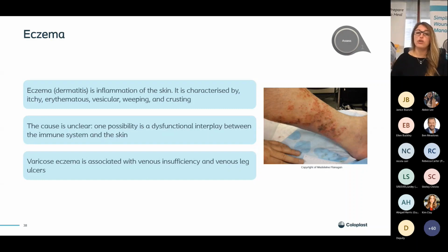We're not really sure of the cause of eczema, but one of the possibilities is a dysfunctional interplay between the immune system and the skin. So they're not talking together properly. And often we can find in patients, certainly with lower leg wounds, a varicose eczema, which is related to venous insufficiency and often venous leg ulcers.